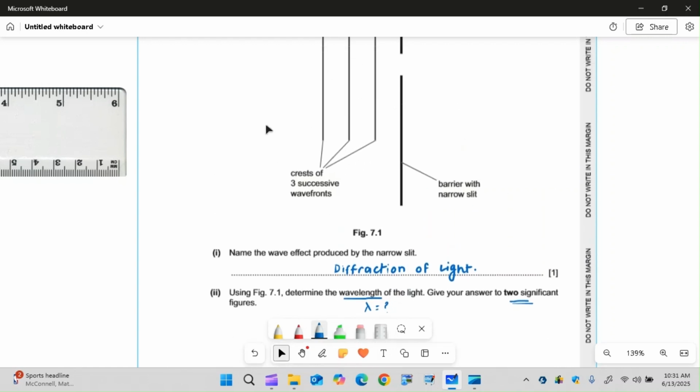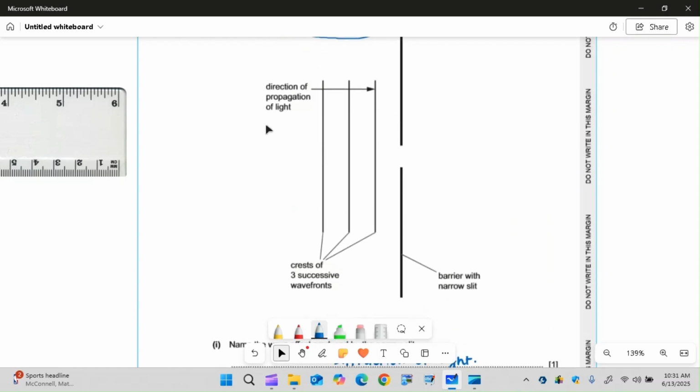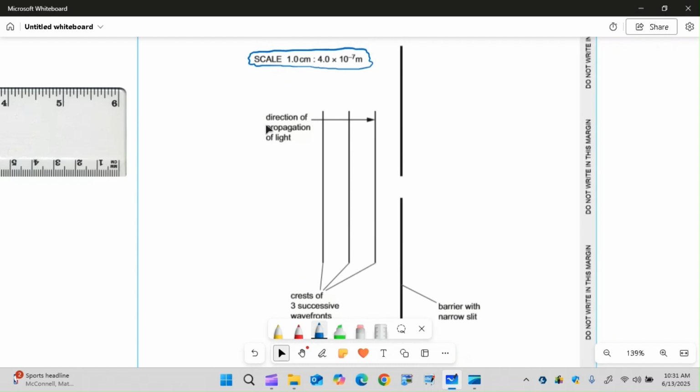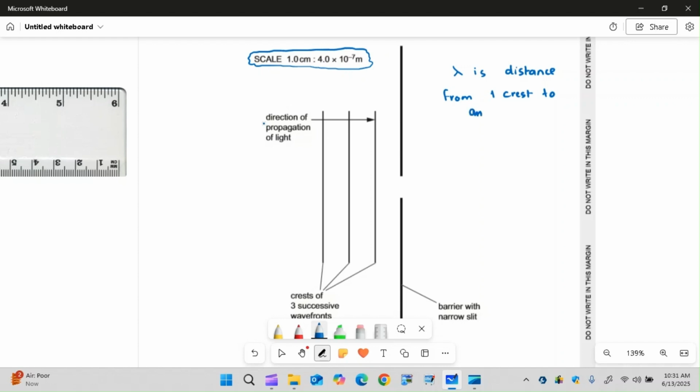For that, I need the distance between two consecutive crests. So the wavelength lambda is the distance from one crest to another.